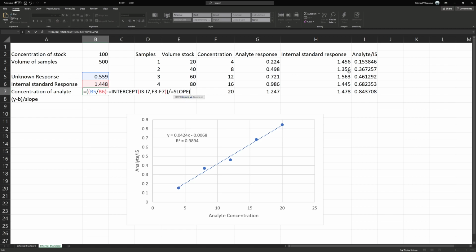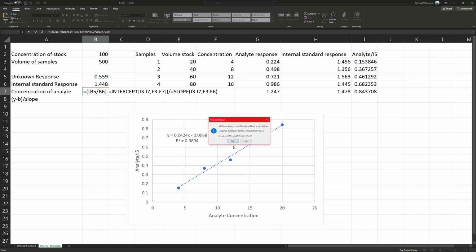We want our known y's, comma, our known x's, close parentheses, and hit enter. And it wants to fix something. I don't know what it's fixing because this looks exactly the same to me. Oh, it doesn't need me to type the equal sign.